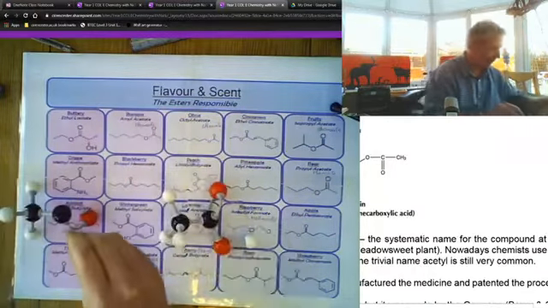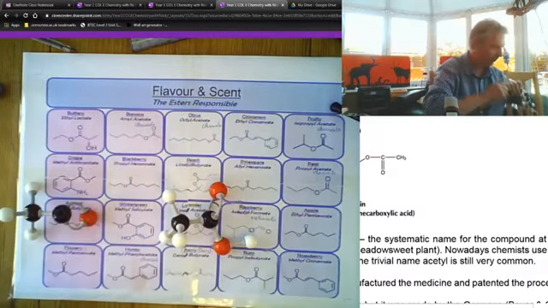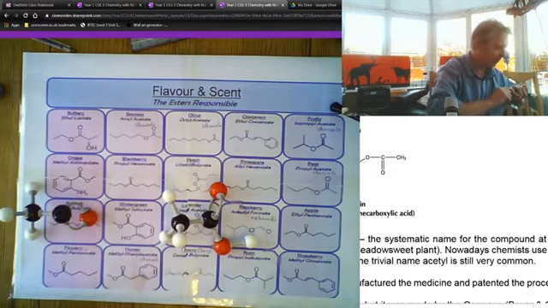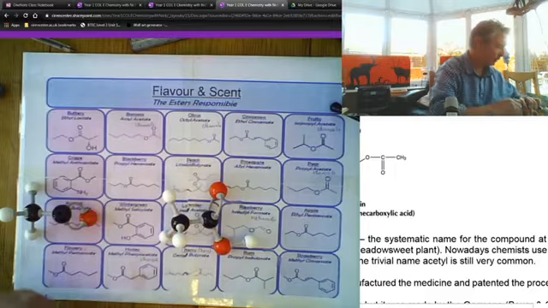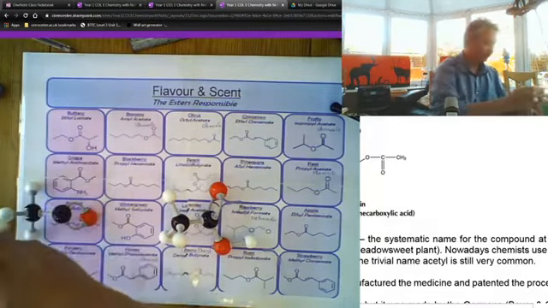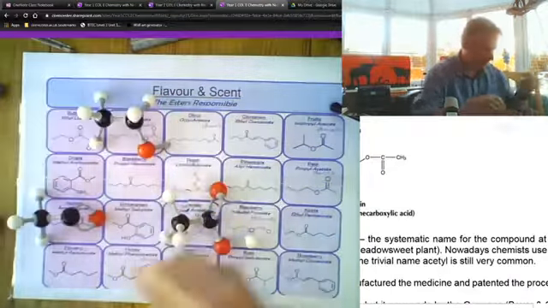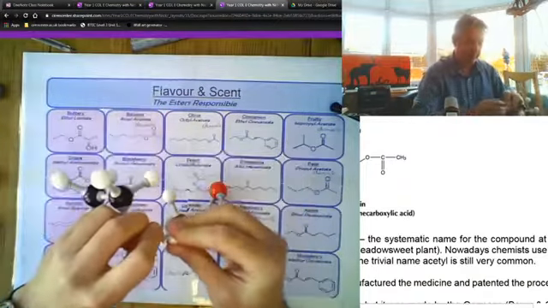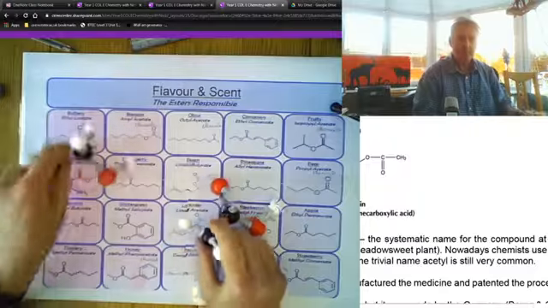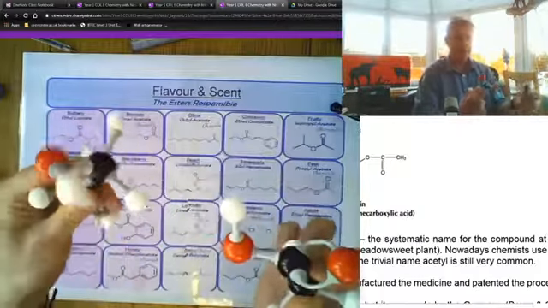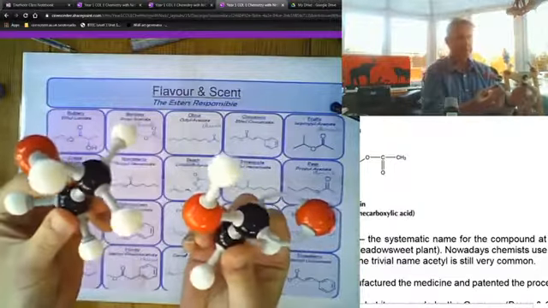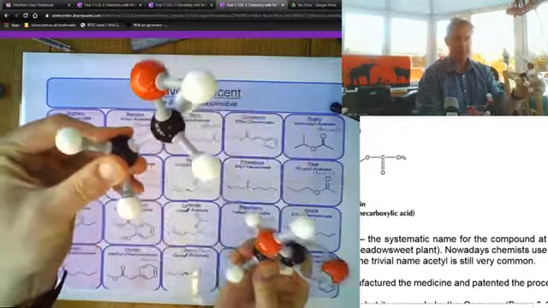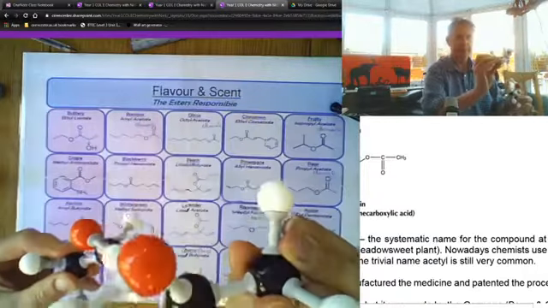Now let's grab this one. Okay, so that's that one, and let's put this hydrogen back on here. So now, here are 2 molecules. They are both stems of 2. So this one is ethanol, and this one is the ethanoic acid.